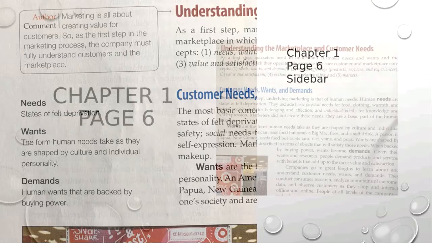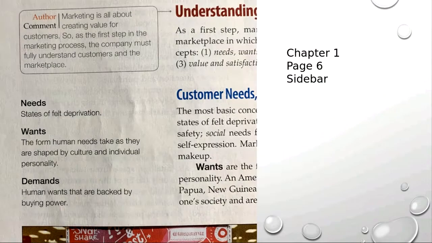Okay, so in the sidebar, they hit it again. As you're scanning through, you can always read those if you're just reviewing. I wonder if it appears anywhere else. My gosh, look at the end of the chapter under key terms. There's wants and needs again.